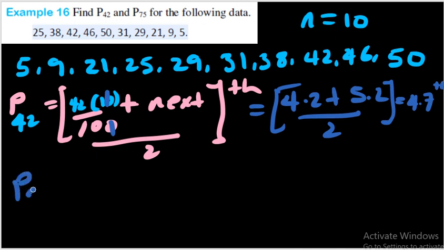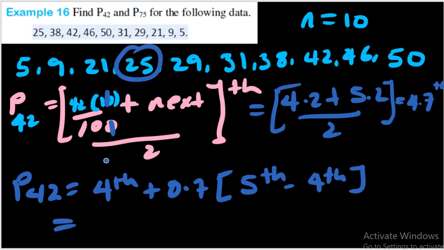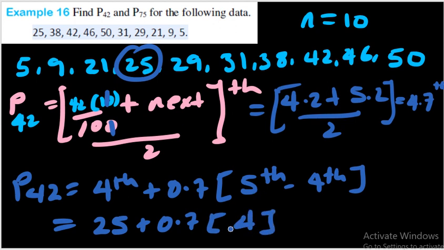Therefore, P42 will be the fourth one plus 0.7 times the fifth minus the fourth. The fourth data is 25, plus 0.7 times the fifth one, 29 minus 25, which is 4. When you multiply, that is 2.8, so it will be 27.8. That's going to be the 42nd percentile.